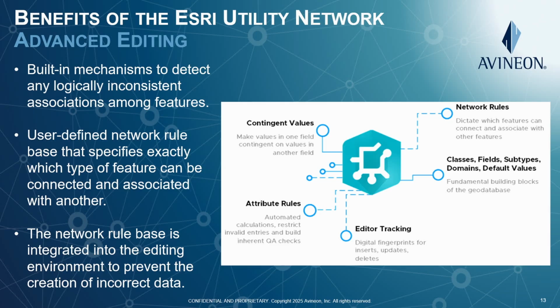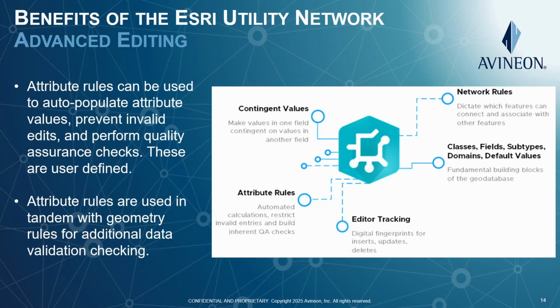So as you implement the network, you're making these decisions that do not allow you to introduce errors into your data as you move forward. Things like if you have a 10-inch pipe, you can't have an 8-inch fitting connected to it. It's going to automatically catch those so that you're not having to go back later and find all these things during QA/QC or when another problem arises and understand that it's wrong.